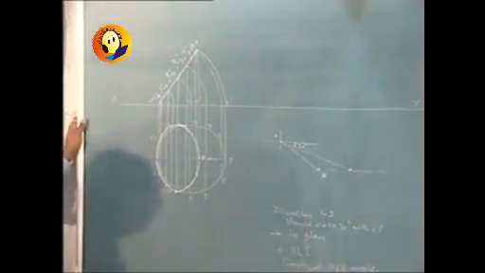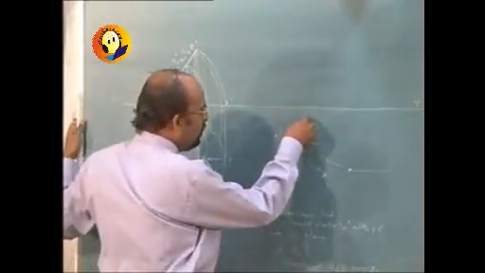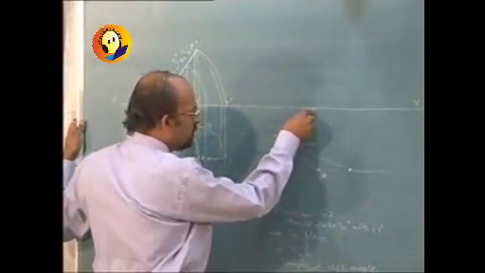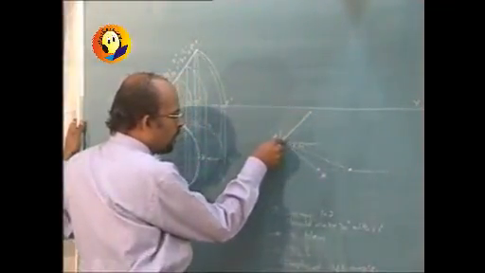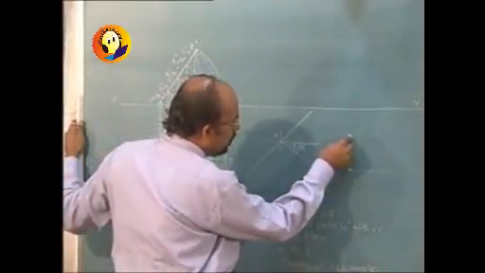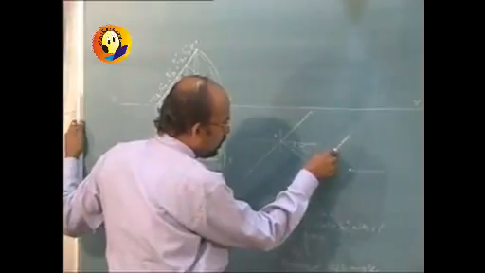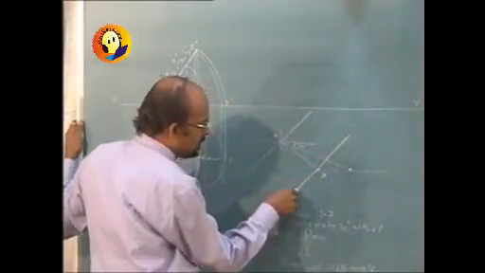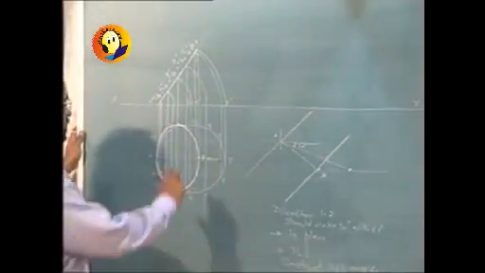Once this angle is fixed, then to reconstruct the ellipse, we will obviously be constructing the rectangle in which this entire ellipse was located.